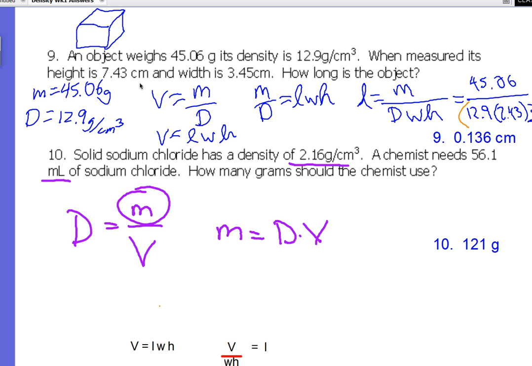You could do volume equals mass over density and get the volume, and then plug that volume in and divide it by the width and the height to get the length. That would work also. Either way is fine, whether you plug it in and rearrange all the variables, or you do it in two steps. But with the significant figures, you don't want to stop until you get to the end.